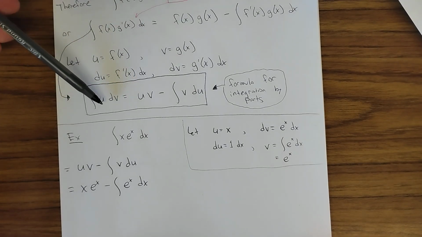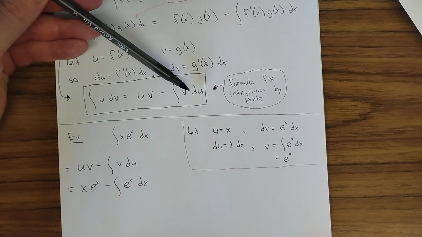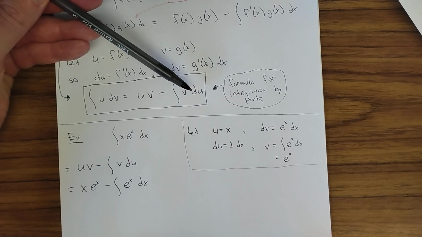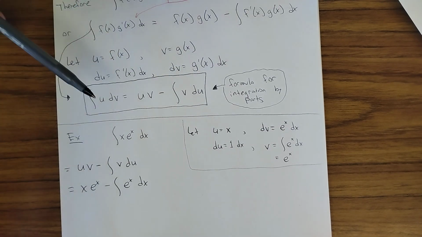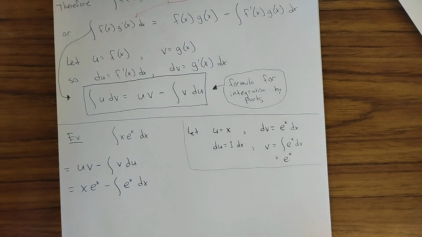You start with integral of u dv, and then it gives you this, which has an integral in it. And we just have to hope that the new integral is easier to do than the one we started with. Otherwise, we made our lives worse. And like I said, I'm going to give you advice for how to choose your u and choose your dv, because if you make a bad choice, it will make your life worse.